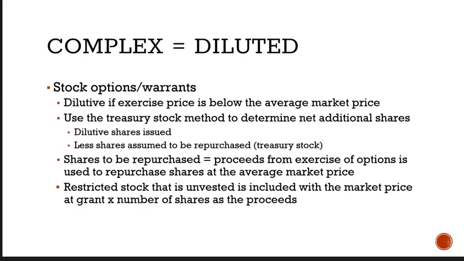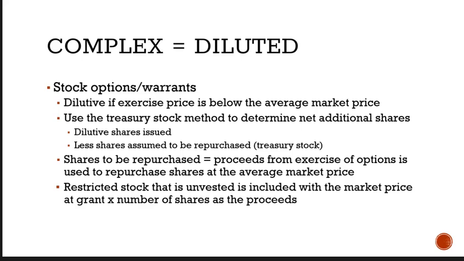So first of all, we figure out how many shares will be issued according to the number of options we have, and then we subtract from that shares assumed to be repurchased. So what's going to happen is we're going to assume, or we're pretending, that all the people who own the options are going to turn those options in and buy the shares of stock for cash.